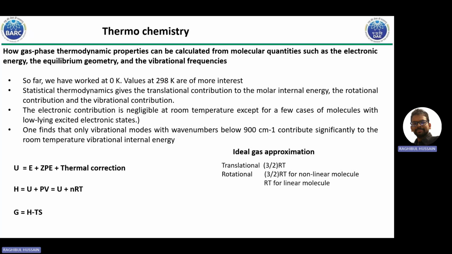So that is one of the drawbacks, is it not? Because in practical life, we always discuss things at room temperature. Whether it is DFT, Hartree-Fock, or whatever, nowhere have I included temperature.